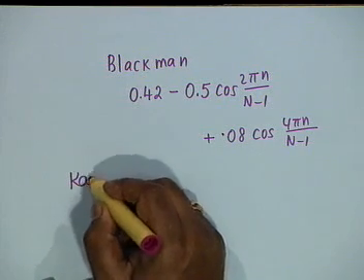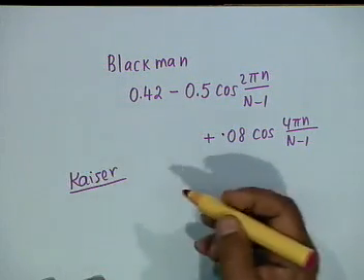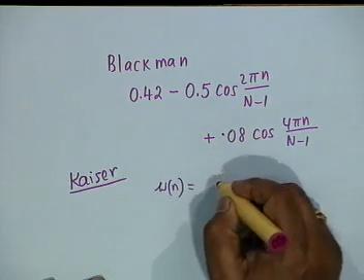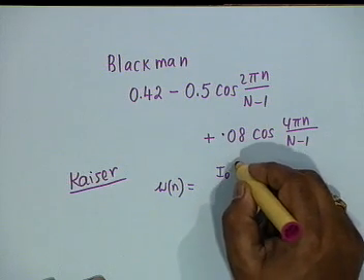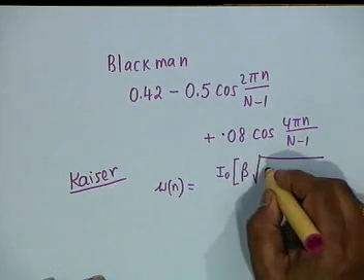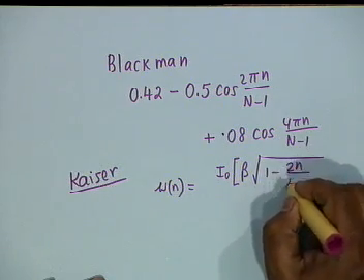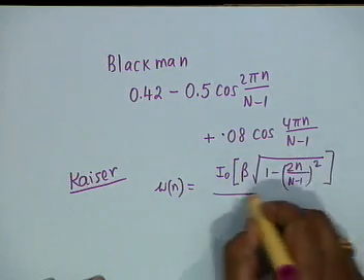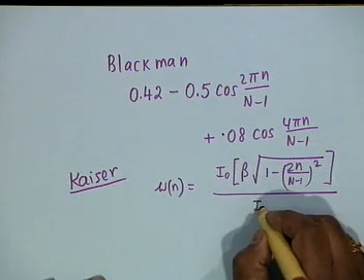Then the Dolph-Chebyshev window requires Chebyshev functions. The Kaiser window uses the Bessel function, and the relationship is I0, the argument is beta times square root of 1 minus twice n by n minus 1, whole squared. You see how complicated it is. It is complicated in computation.